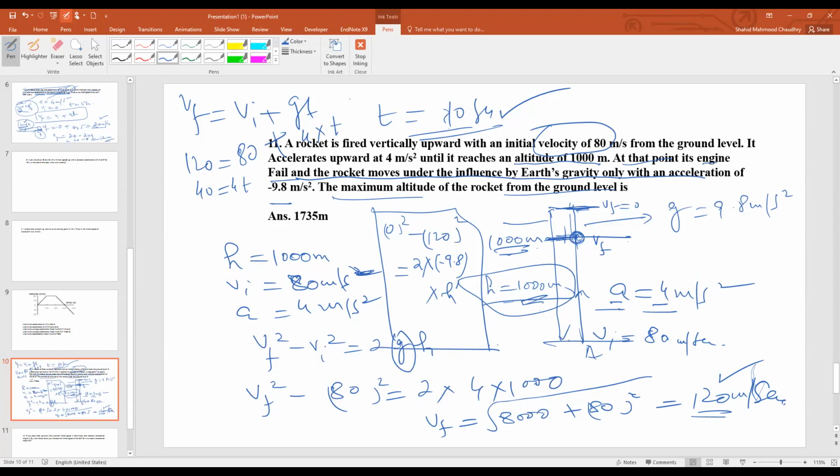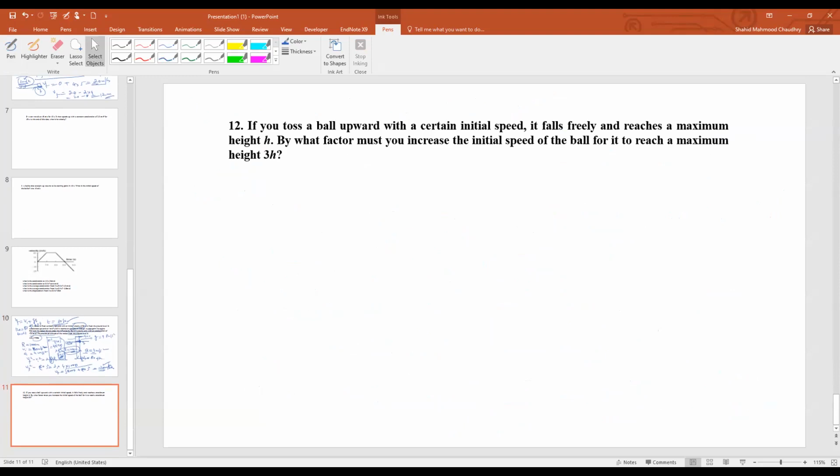When you solve this, you will get the answer. It is around 735. So what is the total distance from here to here? 1000 plus 735, so the answer will be 1735. I think you don't need the time, but if he asks for the time, then you will find the time. Now, understand or not? Okay.